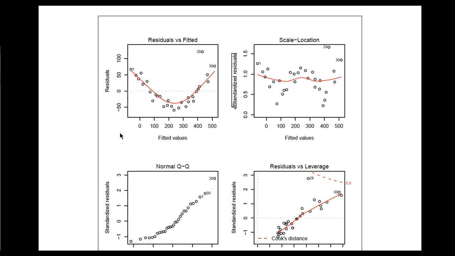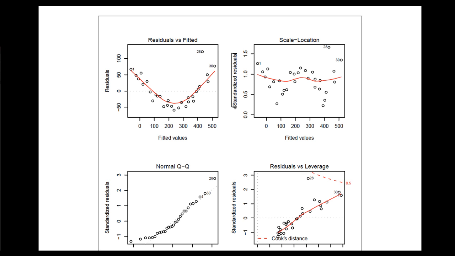And another pattern here is that point number 28 sort of sticks out. It's away from the rest in each of these plots. So that tells us that that's probably an outlier, and there might be something wrong with it, and we might want to get rid of it, and we can do an outlier test using the following.